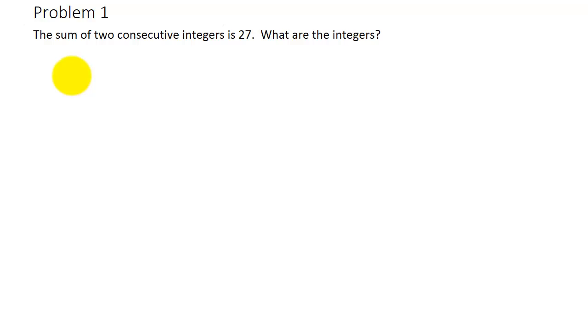Alright, so let's take a look at some word problems dealing with consecutive integers. So it says the sum of two consecutive integers is 27. What are the integers? Alright, so we have to find the integers, so we're going to let x equal the first integer.